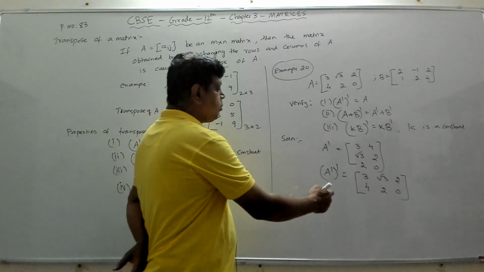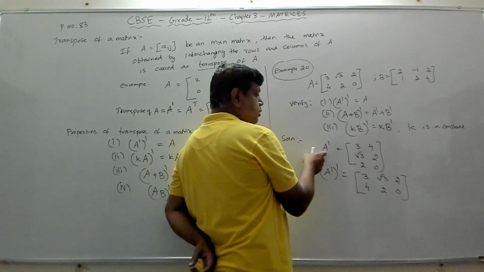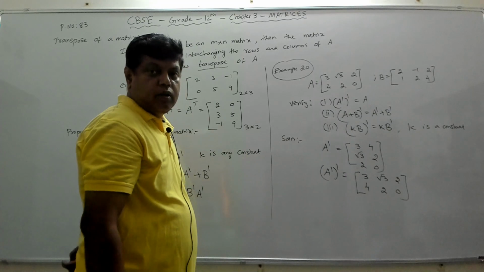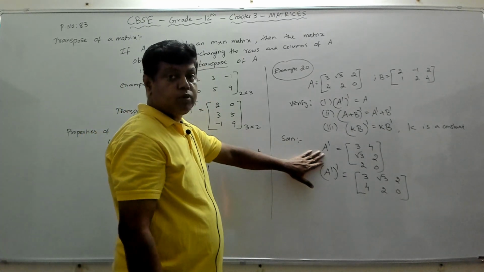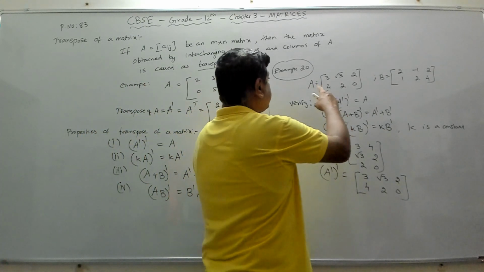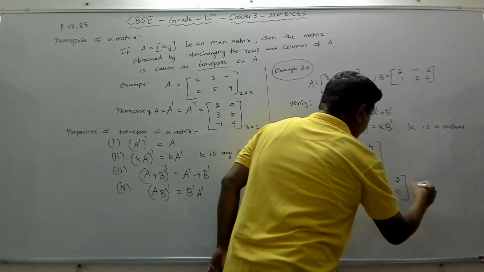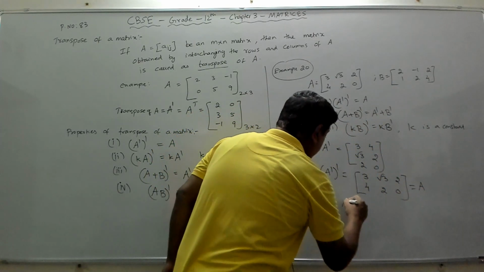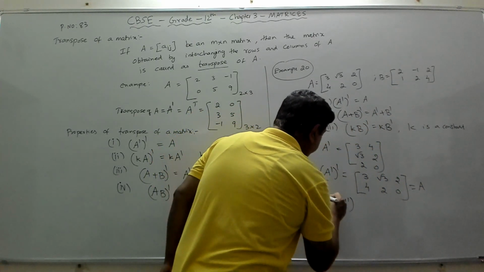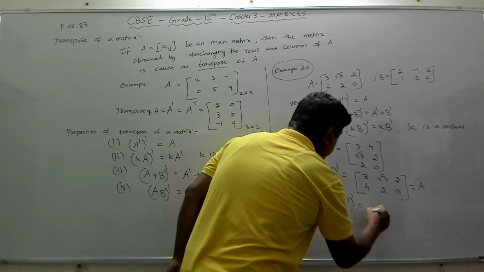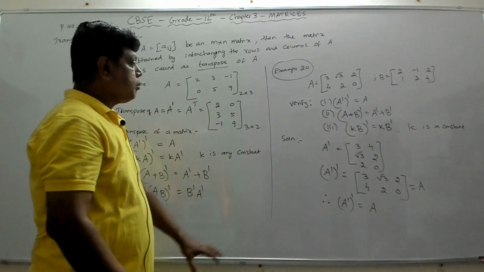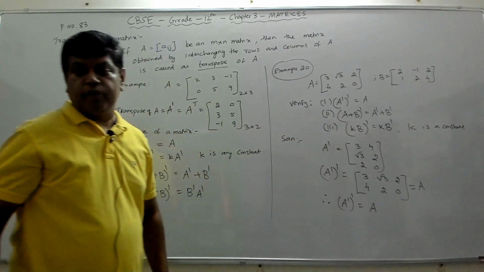When we find the transpose of a transpose, we get back the same matrix A. A is this, so it is equal to A. Therefore we have proved (A transpose) whole transpose is equal to A. That completes the first one.